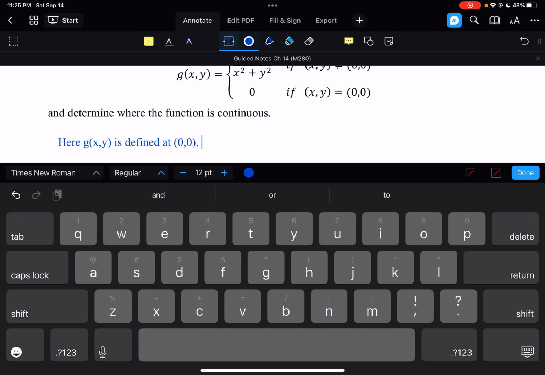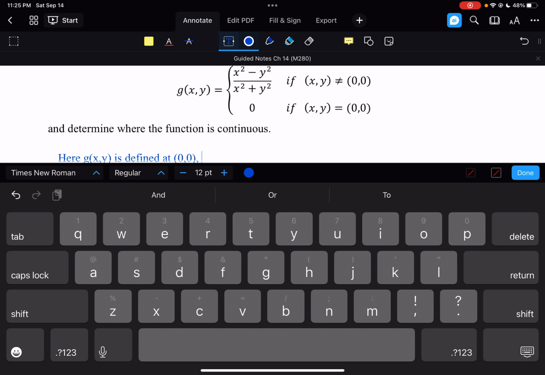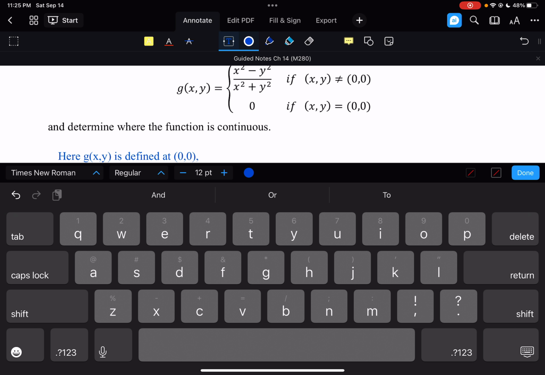So this is already a step above the last one. However, we have actually looked at this function before, the x squared minus y squared over the x squared plus y squared. We found the limit of it, or actually, more to the point, we showed that its limit did not exist at (0, 0). This is one of the examples we did a little while ago.